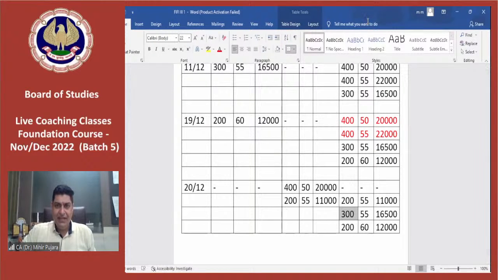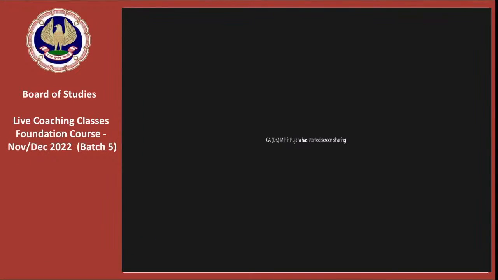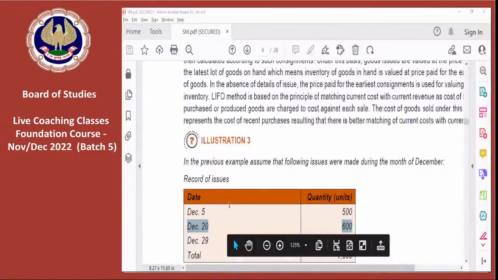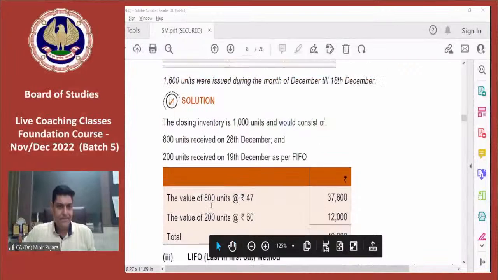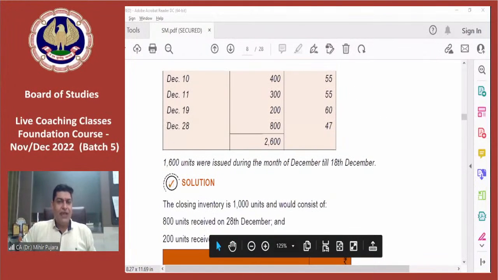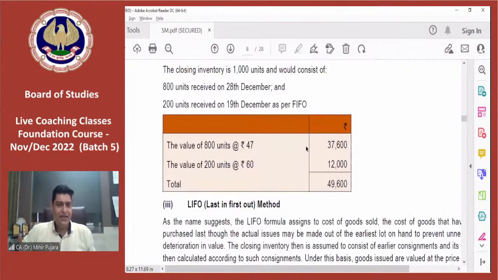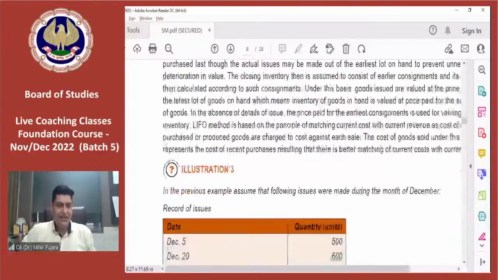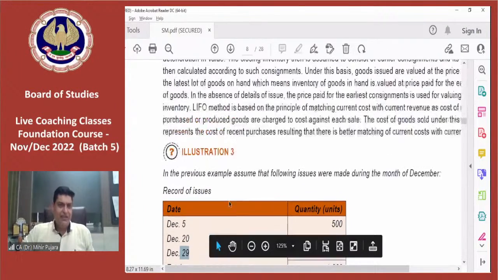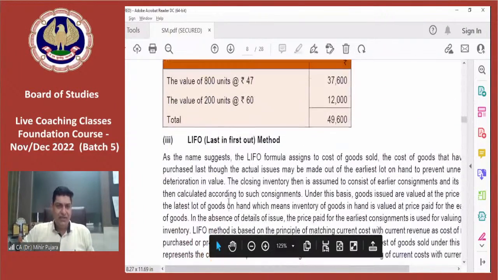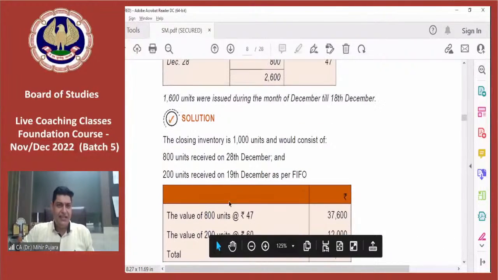After 20, we need to go by dates. After 20, the next purchase is on 28, and the issue is on 29. So we need to add the purchase first, because 28 is purchase, 29 is issue.